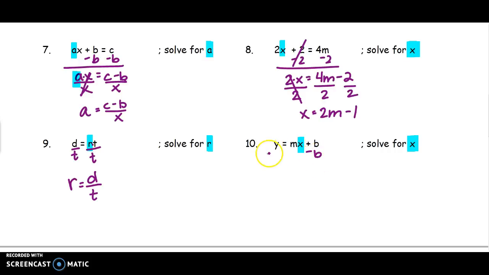So we would subtract b. mx is what's left on the right-hand side, and you would read this as y minus b on the left-hand side. But our variable's not alone, so we have to do something to it. It's m times x, so we would have to divide. So our answer would be y minus b over m.